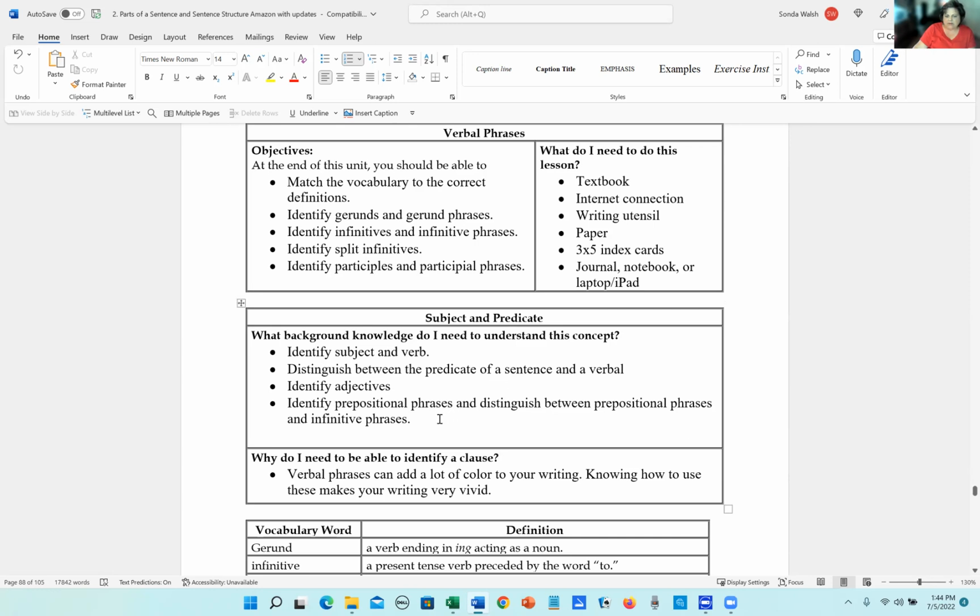You need to also be able to state the 5 ways a noun is used in a sentence. The reason is because you want to identify gerunds.